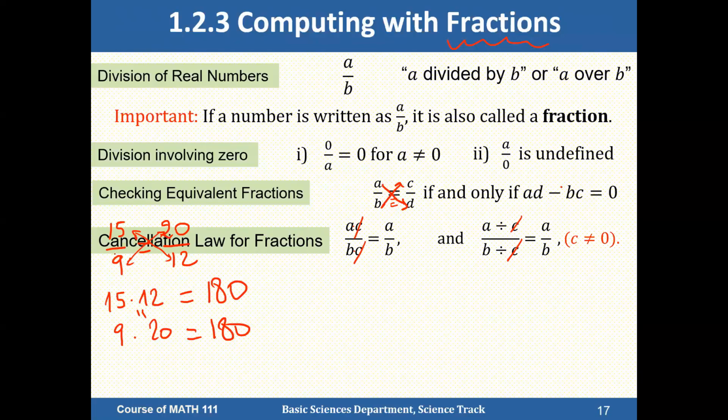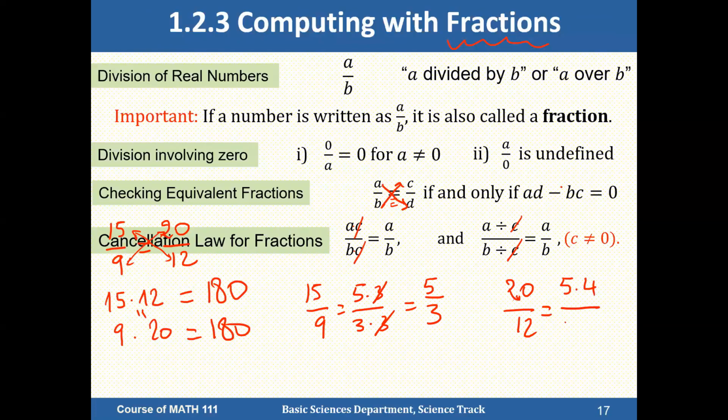For example, let us go back to this example, 15 over 9. 15 can be written as 5 times 3 and 9 as 3 times 3, so I can cancel and get 5 over 3. Now 20 over 12: I can also cancel here since 20 is 5 times 4 and 12 is 3 times 4.